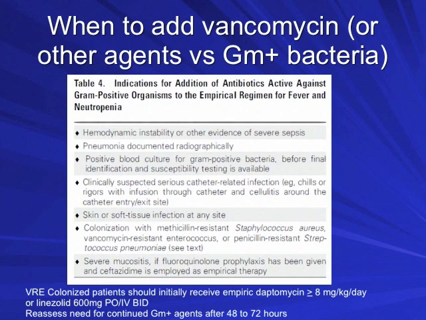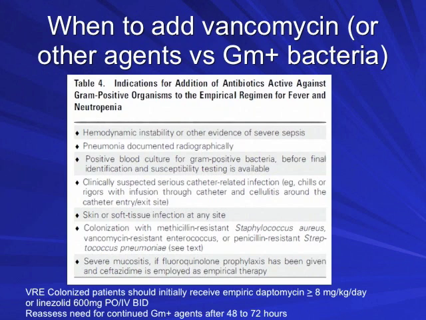Clinically suspected serious catheter-related infections or any kind of skin and soft tissue infection at the time of the neutropenic fever. And if they're colonized with MRSA, we're going to give them vancomycin, if they're colonized with penicillin-resistant strep pneumoniae. And if they're colonized with VRE, we're going to give them either daptomycin or linezolid as an initial empiric therapy.